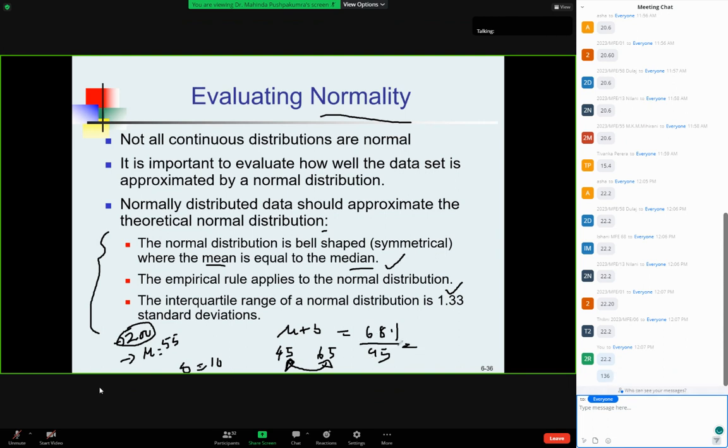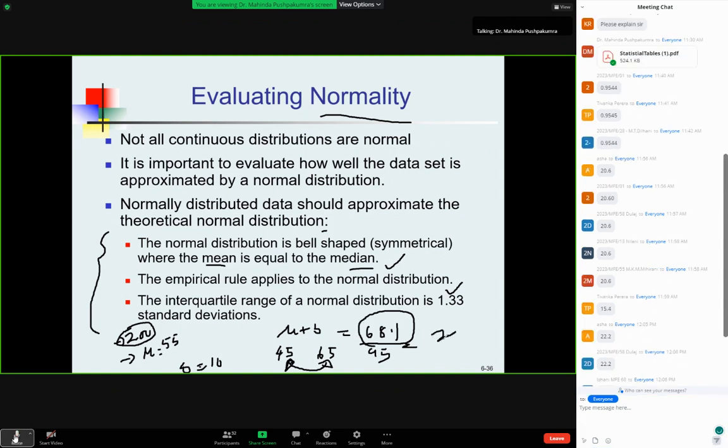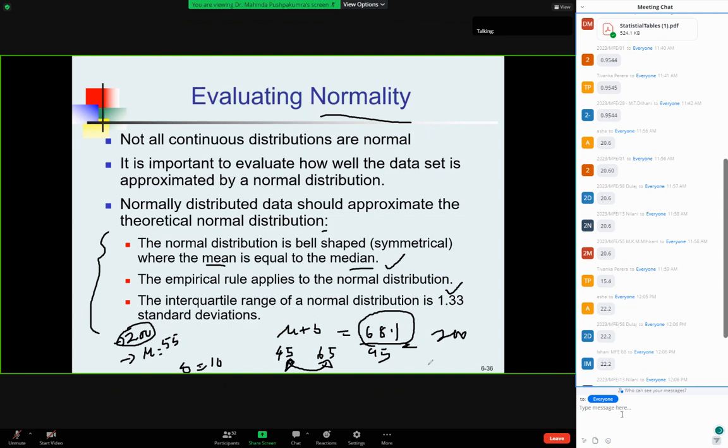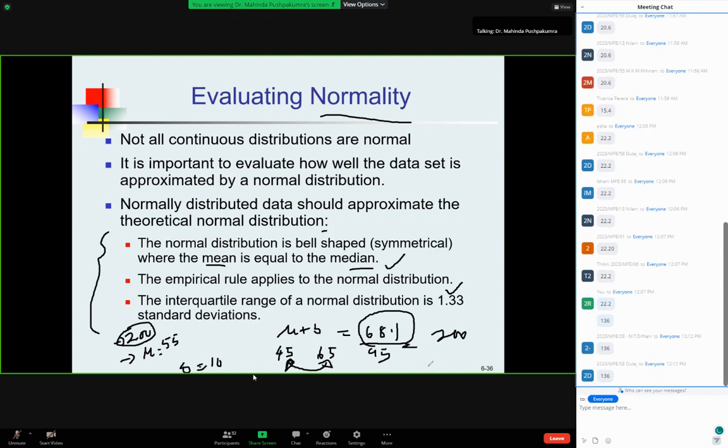As a percentage, it is 68%. Now our sample size is 200. Then I'm asking how many observations? Then 130? 136 observations should be within this range.